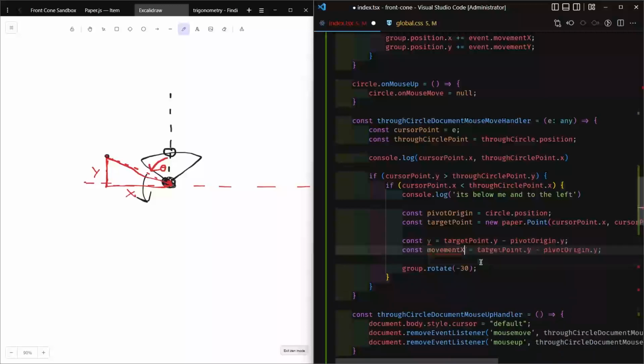And the x is the target point dot x minus pivot origin dot x.